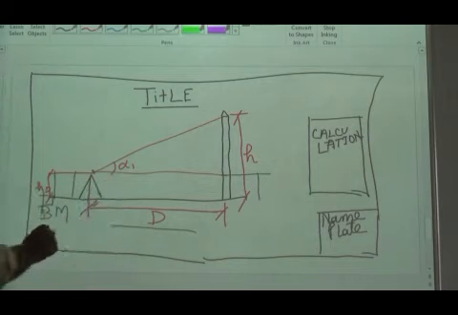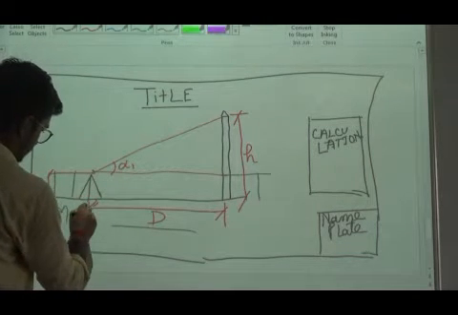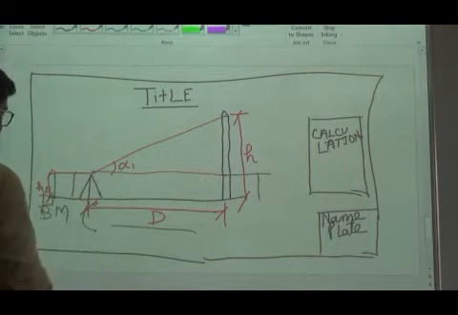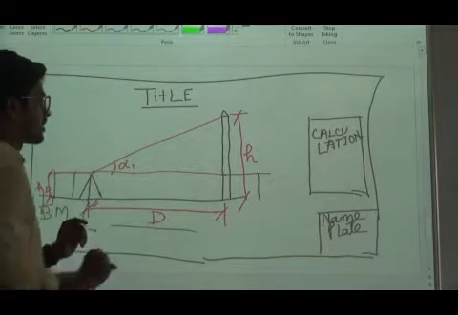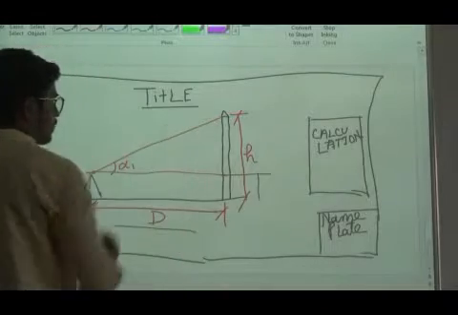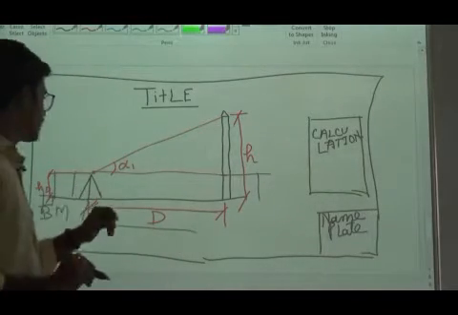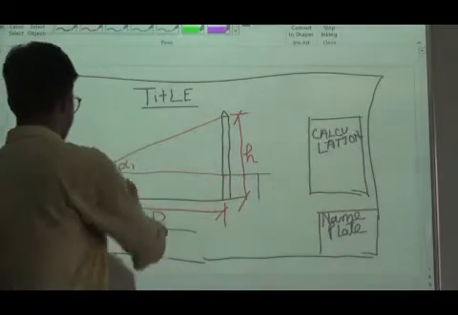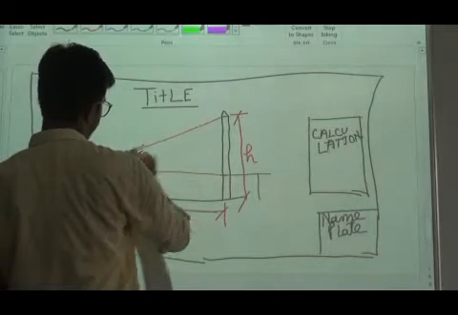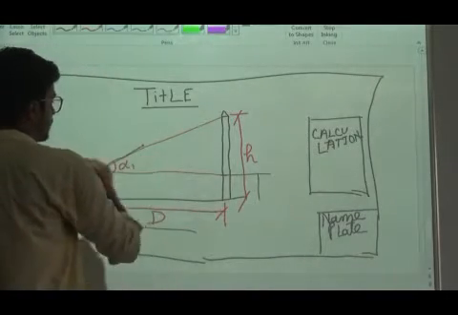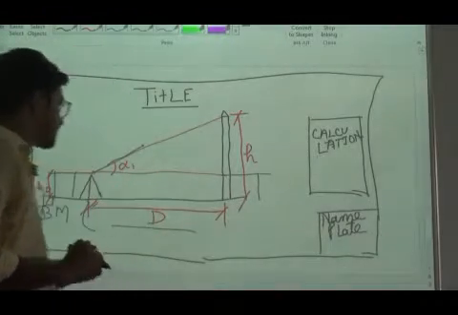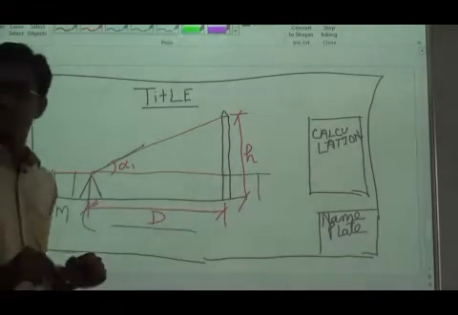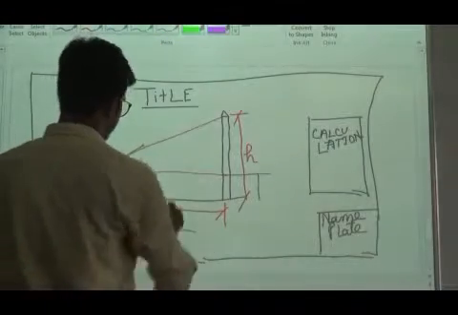First we need to set up the instrument over here, and first take the backside reading at a point at the BM. Then to continue the next operation we set the vertical 0 here, and the angle of elevation alpha 1 is to be measured using the upper scale of the theodolite.